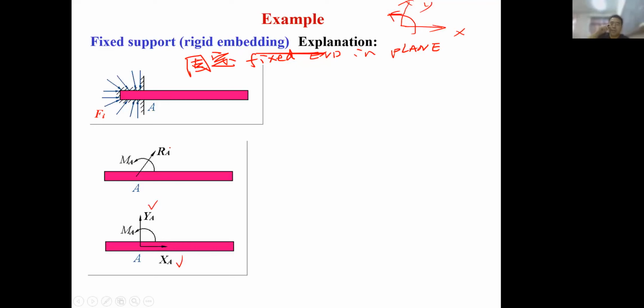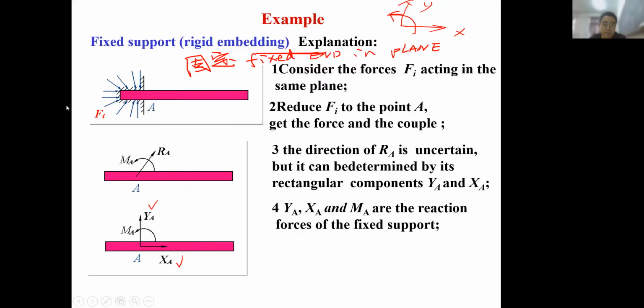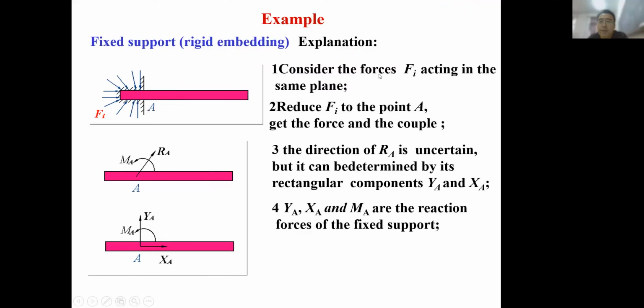So after today's analysis, maybe I can erase everything I have written on the screen. Consider the forces Fi acting in the same plane. When this bar is fixed into a wall, there are a lot of forces acting on the left end of this bar.